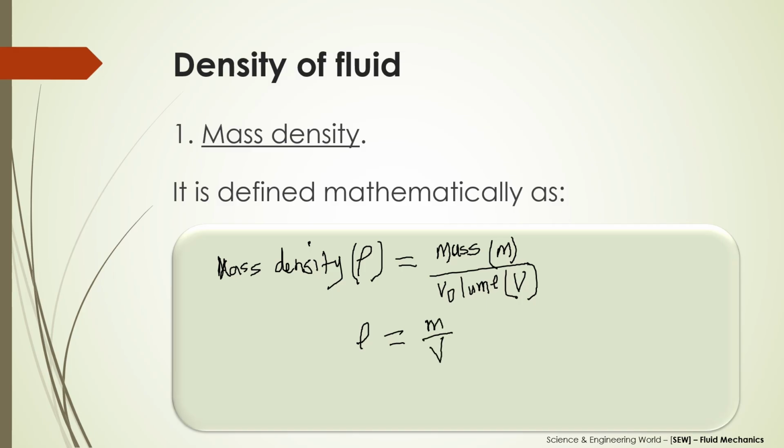Now, what is the unit of rho? The unit of mass is kilogram, and the unit of volume is meter cube. So we can now say that rho, that's density, equals mass over volume, in kilogram per meter cube.